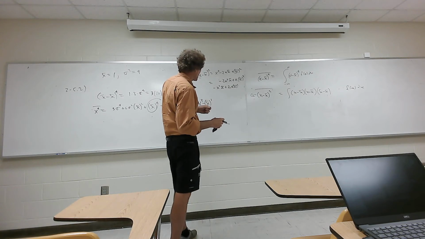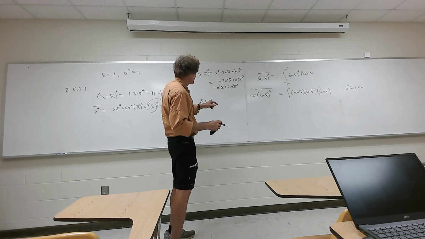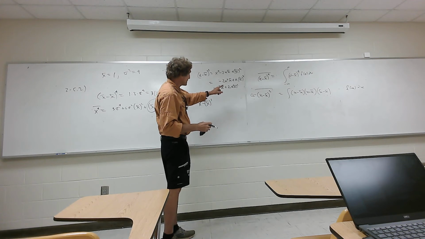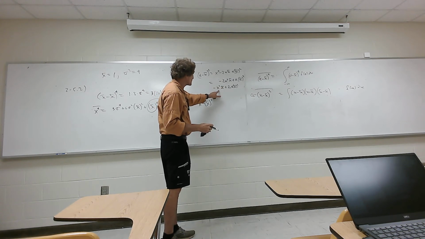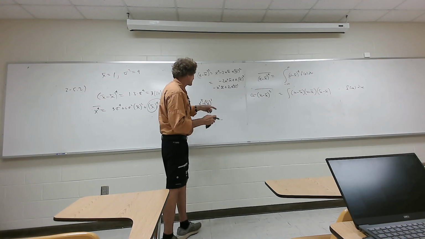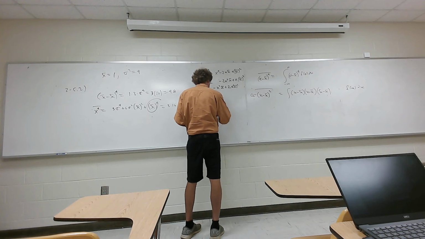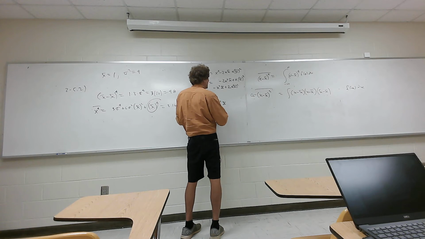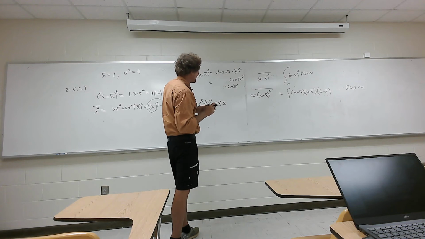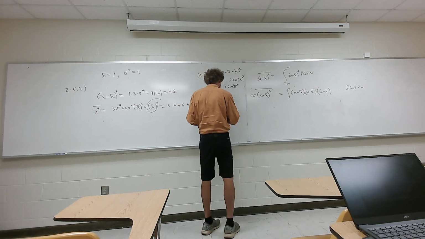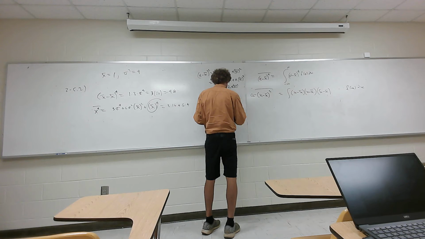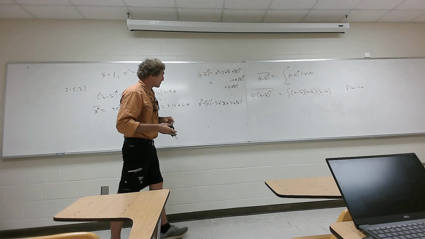Now, for my x squared, if you look at this, the x squared operator has this and this, so it's going to be minus 3x squared x bar. That gets rid of that and that. And finally, I got plus 3 times x bar squared. Y'all with me on that?